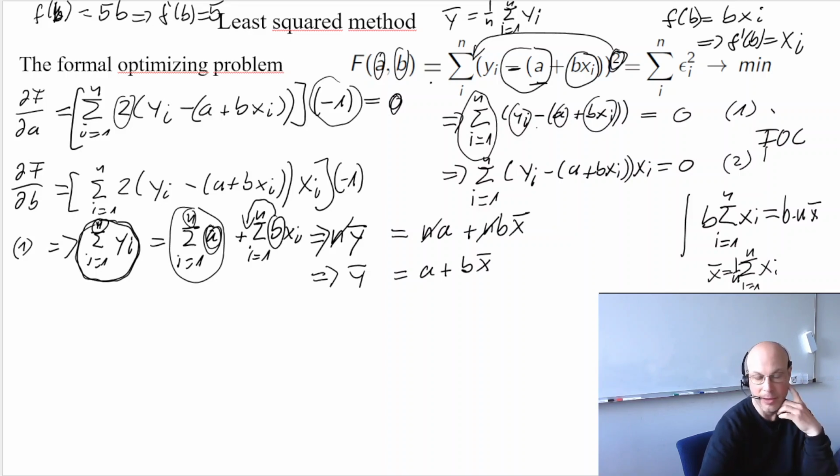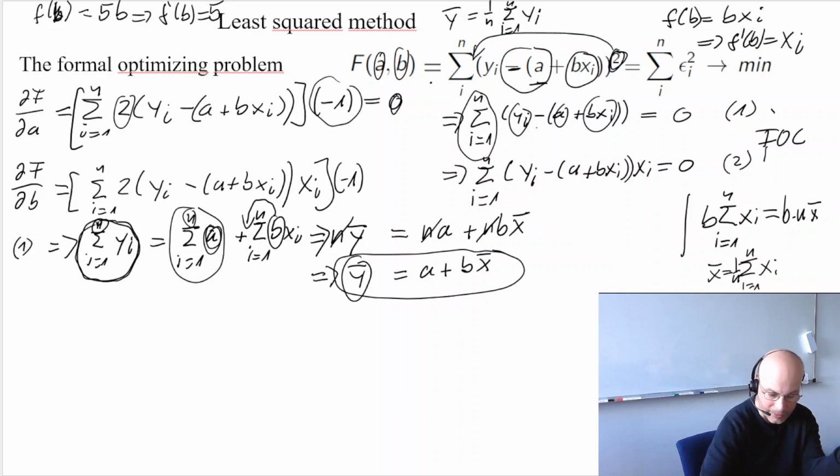And this is maybe not a very surprising result, since this just means that the data point of both arithmetic means of the dependent and the independent variables lies on our optimal regression line.